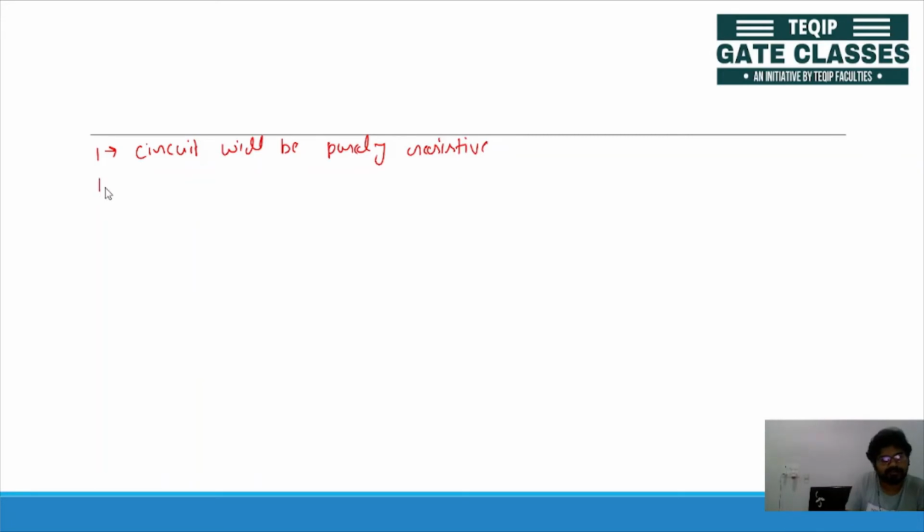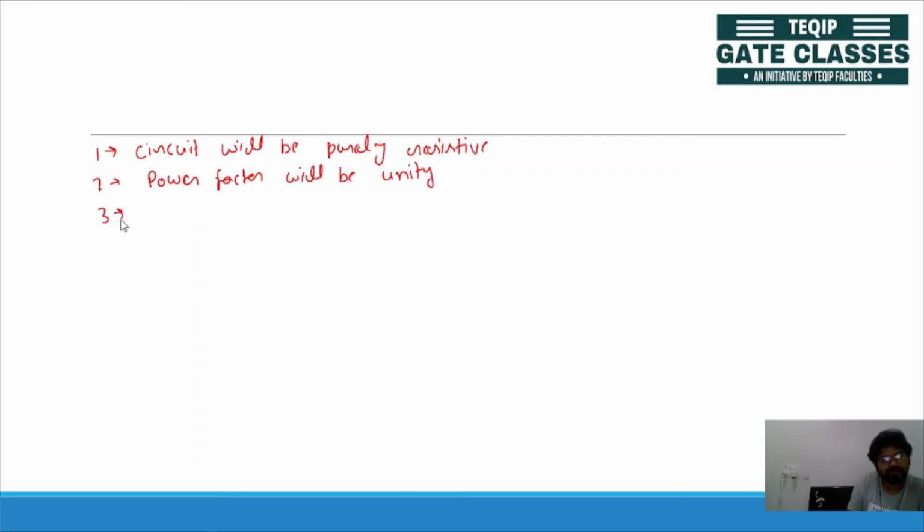Second point, if the circuit is purely resistive, then your power factor will be unity. Okay.